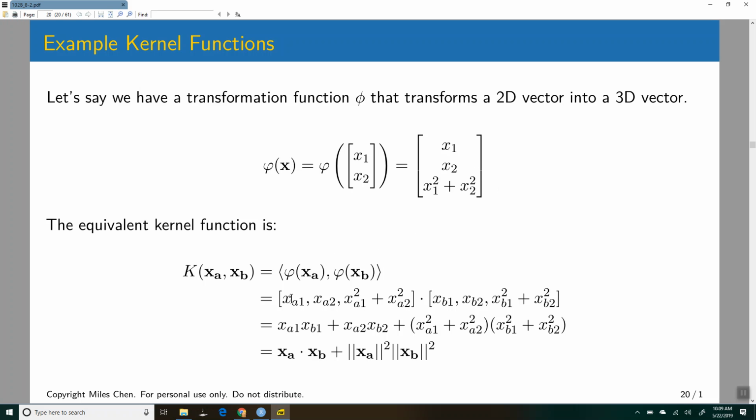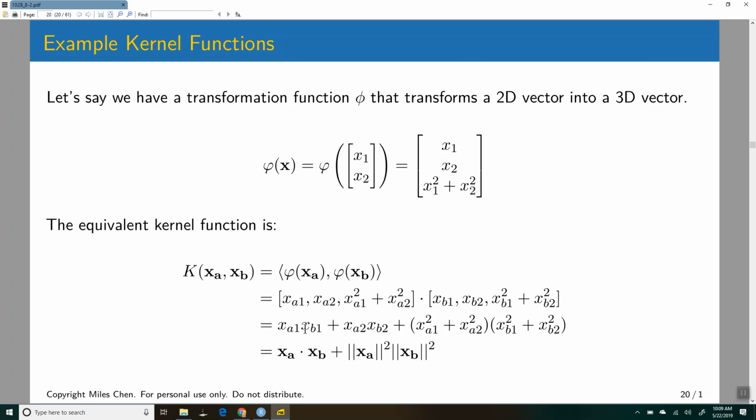If we've got xa and xb, this will be xa1, xa2, and then xa1 squared plus xa2 squared, dotted with the transformed vector of xb: xb1, xb2, and xb1 squared plus xb2 squared.